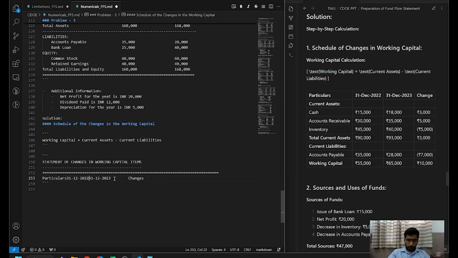Here we'll talk about just the current assets and current liabilities.